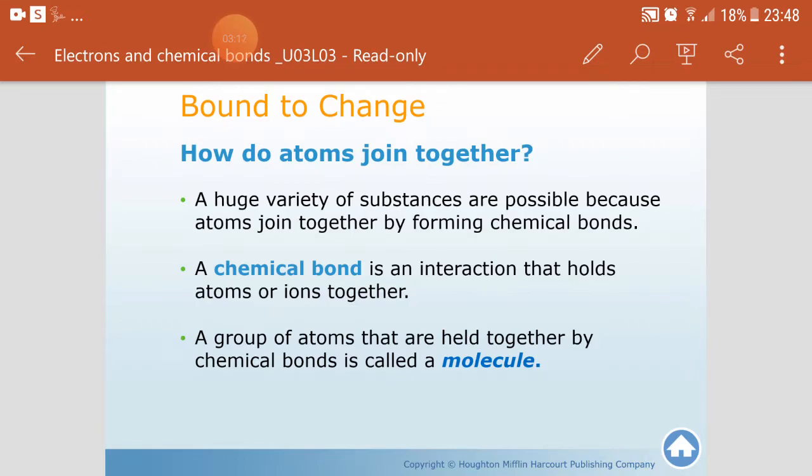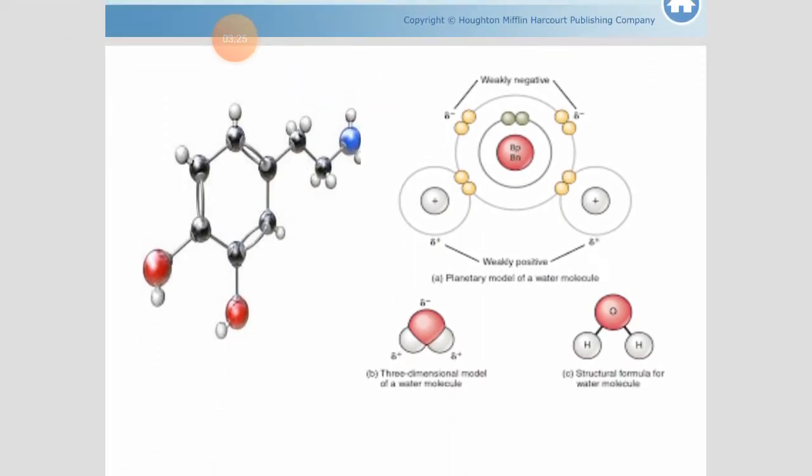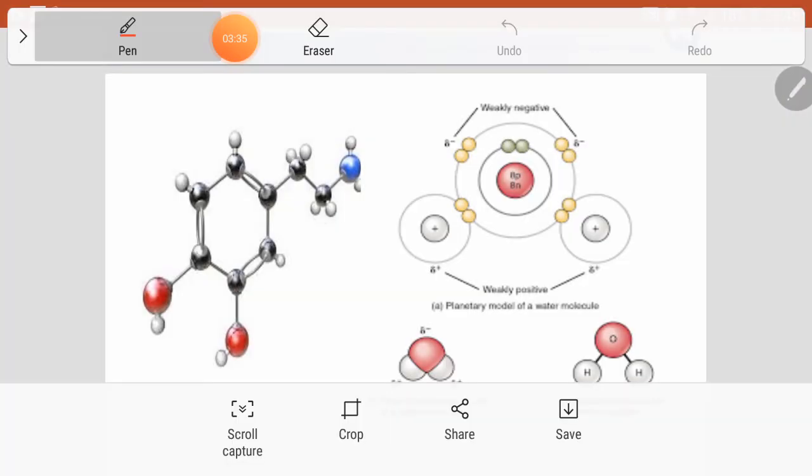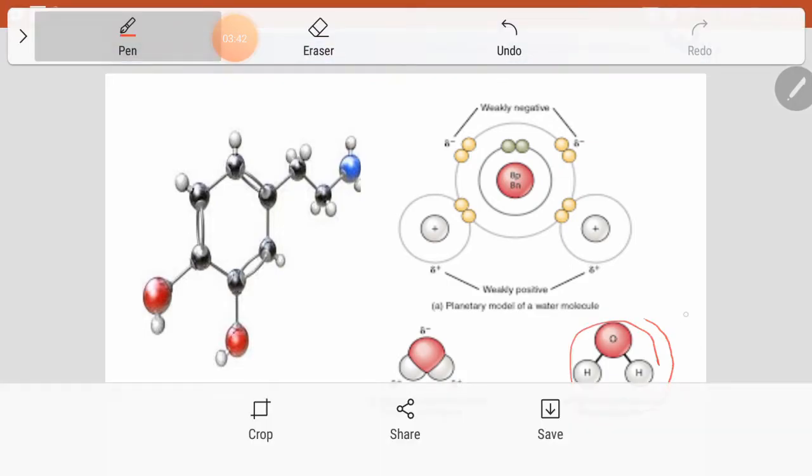So a group of atoms that are held together by a chemical bond or by many chemical bonds is called a molecule. Look at these examples here. If we talk about this, what is this? This is a molecule of water.